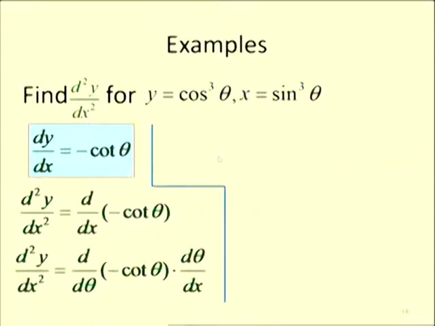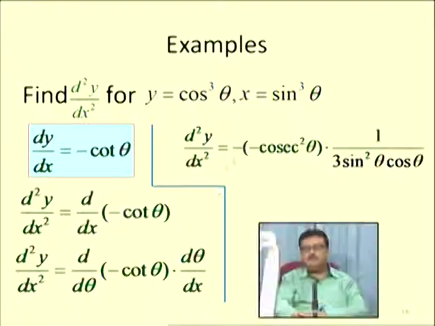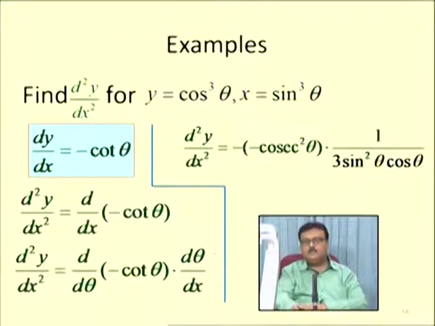So d2y by dx2 is equal to minus cosec square theta, that is the derivative of cot theta. This minus sign we have kept here, so it is minus into minus, that will become plus, into d theta by dx. As we have seen in the previous slide, dx by d theta is 3 sin square theta into cos theta.